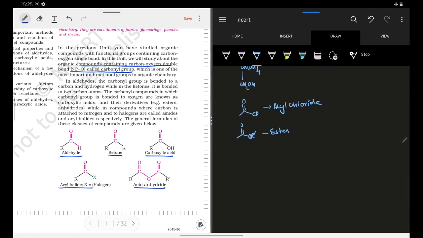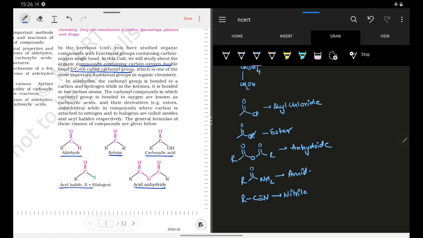Then we have your anhydride, RCO-O-COR, which is also an acid derivative. Then you have your amides as well, RC=O NH2. Even RC≡N, this is a nitrile group, right?